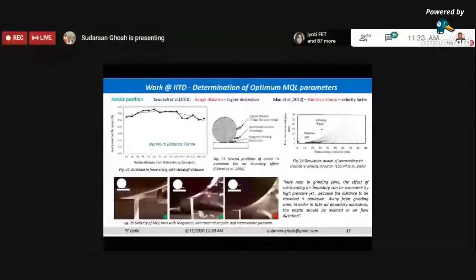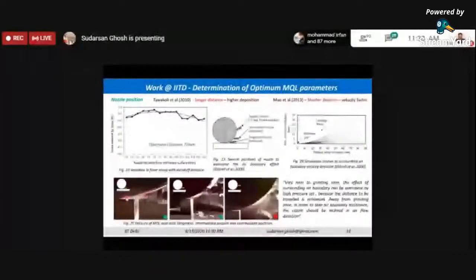In the other cases the mist directly enters the zone. Here the rotational motion of the wheel is also taken by the mist, and that is how the mist reaches the interface zone.